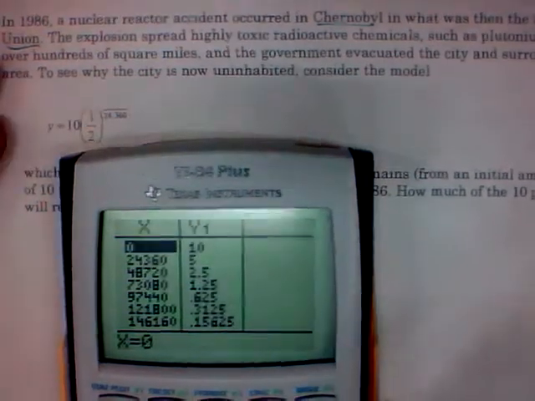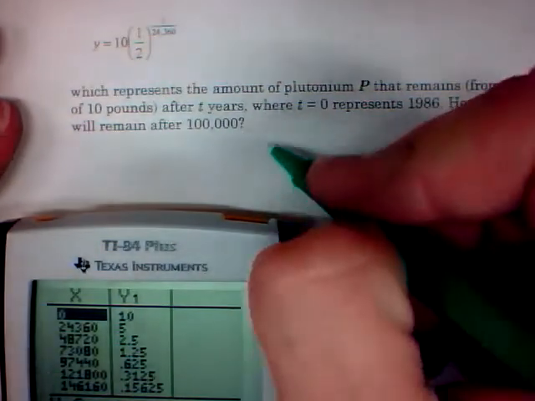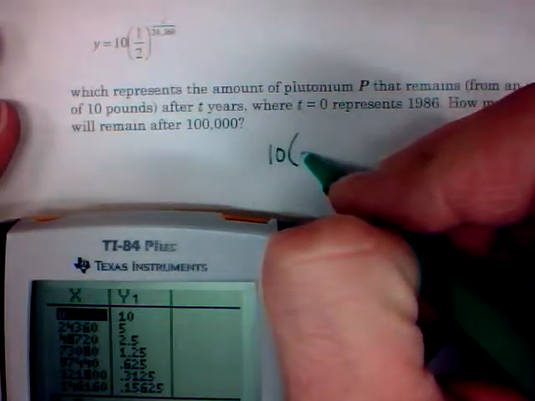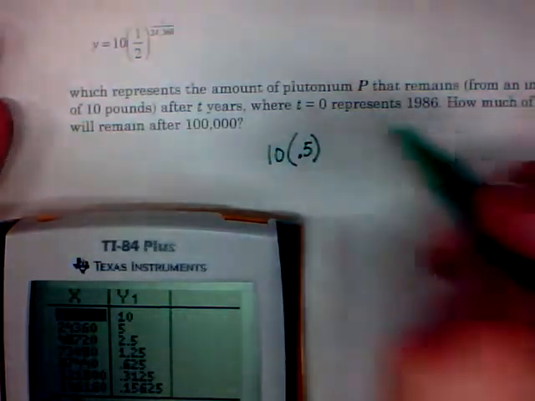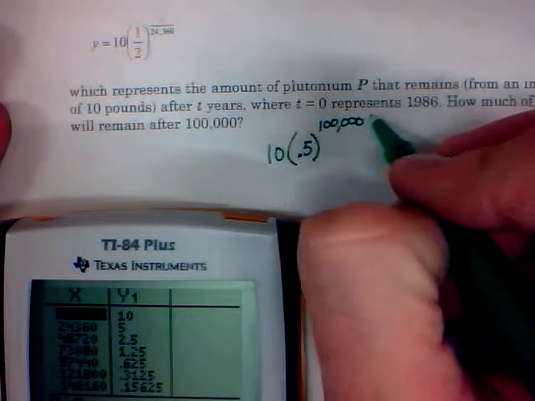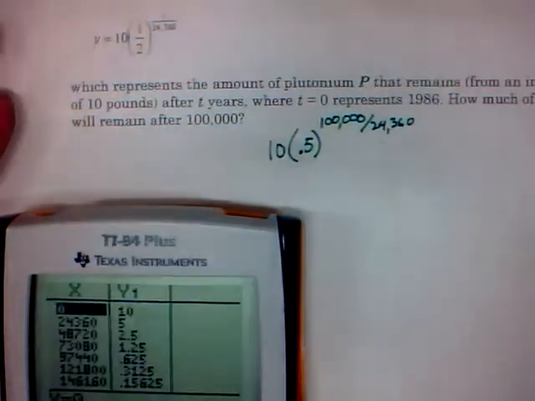If we actually work that out, if we wanted to know how much we would have left 100,000 years from now, you would take 10 times 0.5 to the power of 100,000 divided by 24,360 years.